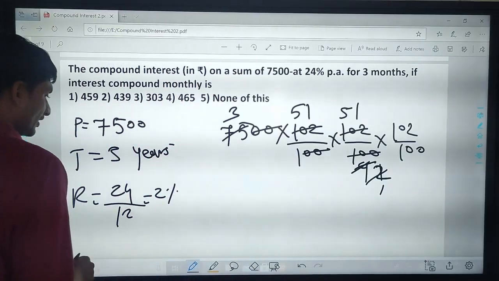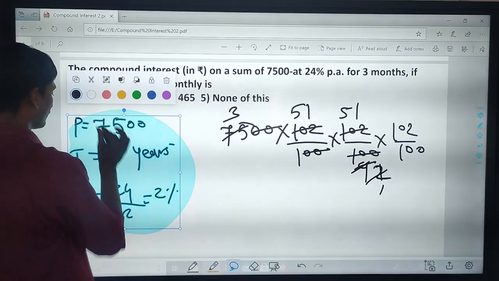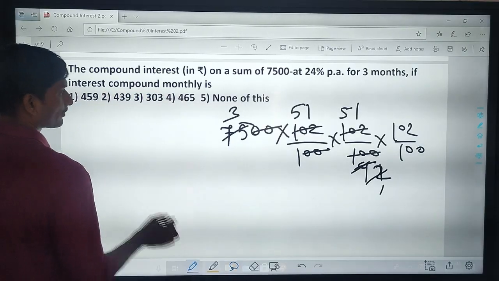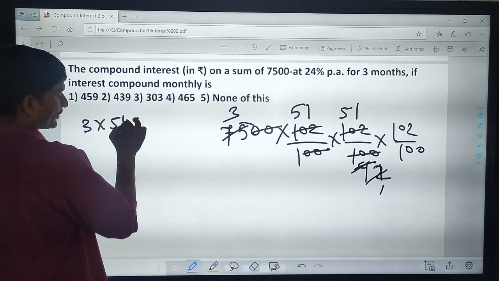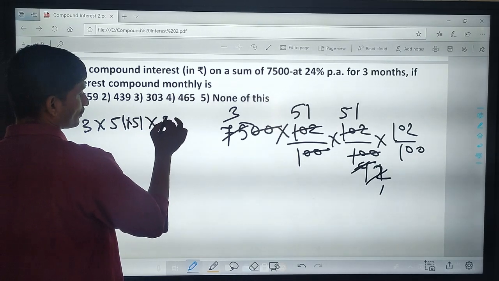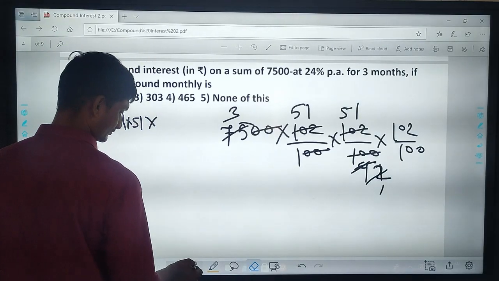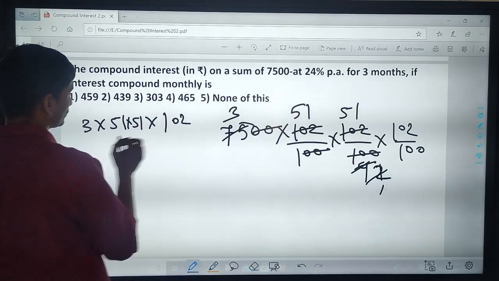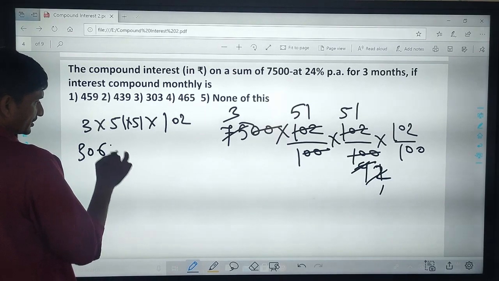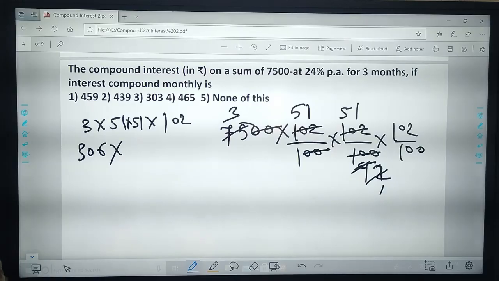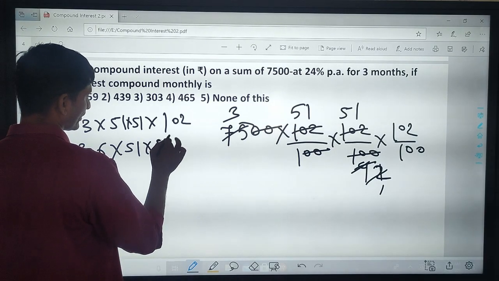Now we take the multiplication, and we get the compounded value, the value of compound interest. 3 into 51 into 51 into 102. 3 into 102 is 306, and the square of 51 into 51.